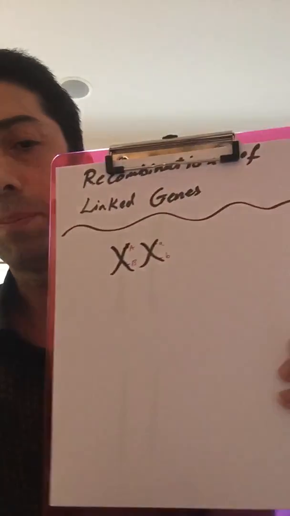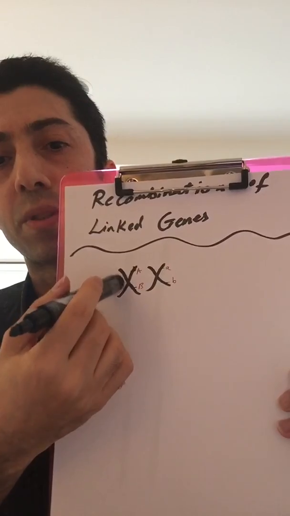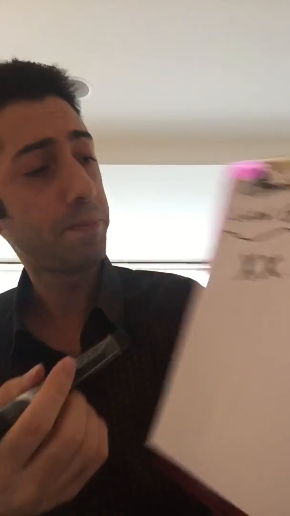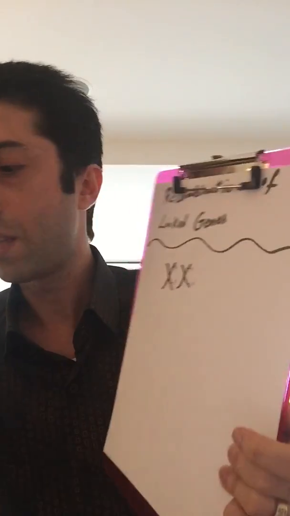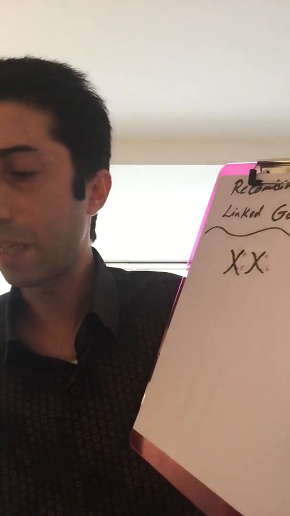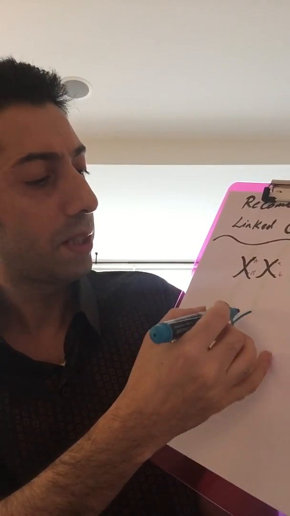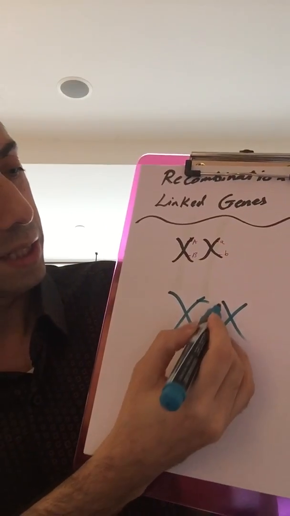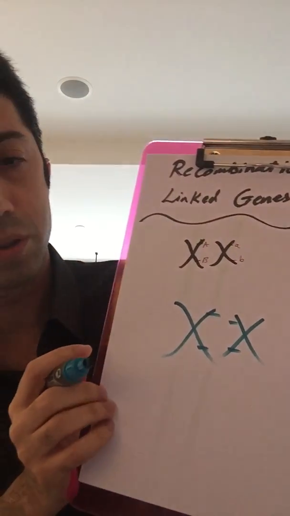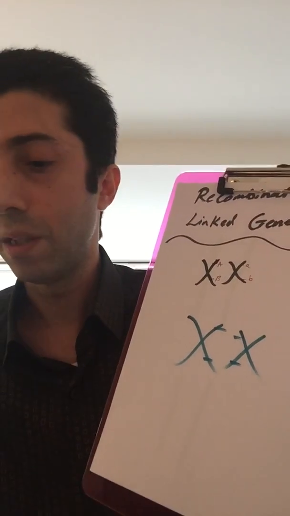Okay, for simplicity, these two are homologous chromosomes, and crossing over happens between, well, I should have made them closer together. For example, let me do it here. It should happen between non-sister chromosomes, okay? Not sister, non-sister chromosomes. All right.